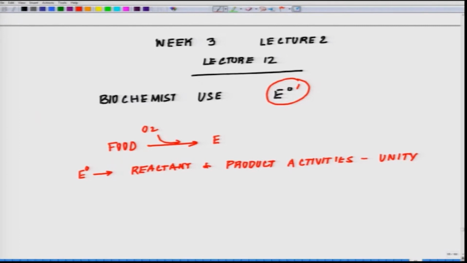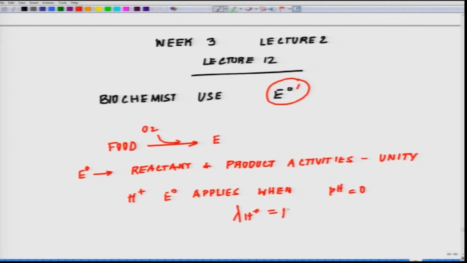and if H plus is involved in the reaction, E0 applies when pH is equal to 0, or in other words, a H plus equals 1.